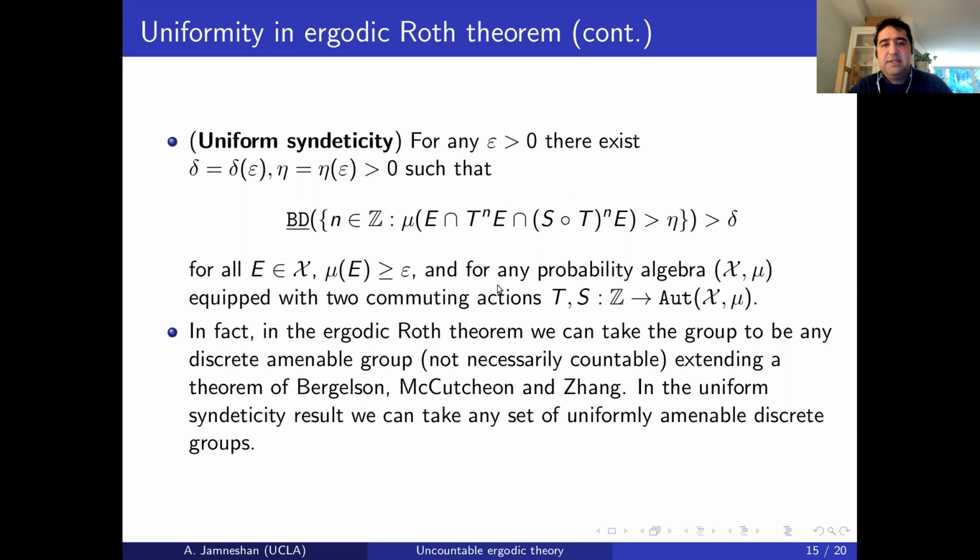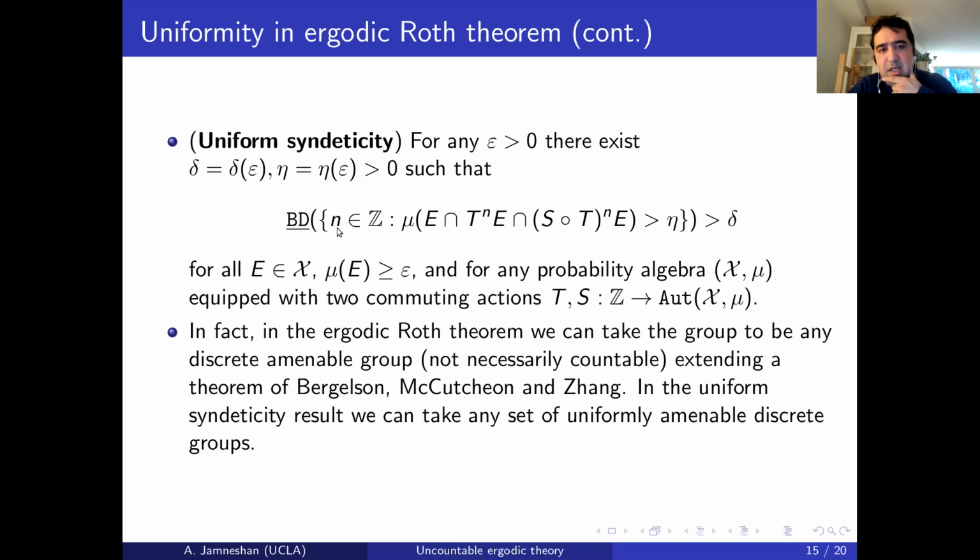formulate a uniformity statement. Let me first read out what is here and then explain a bit. So we fix an epsilon, and then we will have some delta and eta, both only depending on epsilon, such that the following holds.